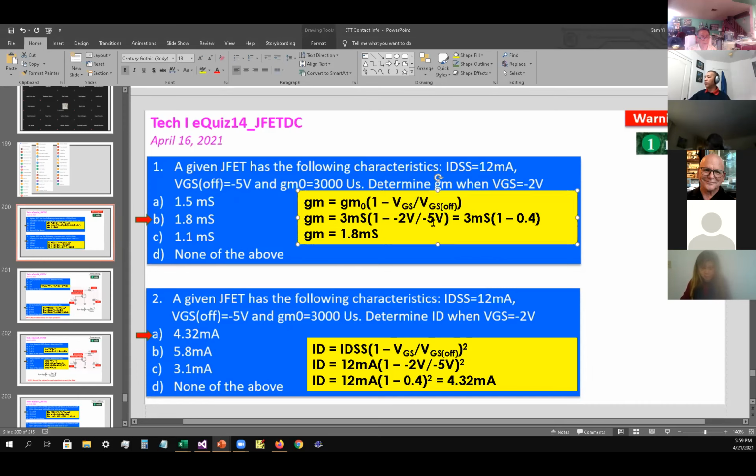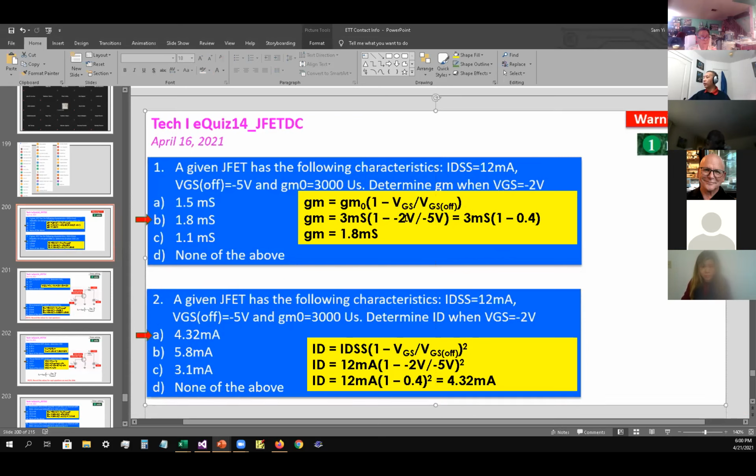Now we have 1 minus the quantity -2 volts divided by -5 volts. We substitute that in and do the calculation, so gm comes to 1.8 millisiemens. So the answer is B for number 1.